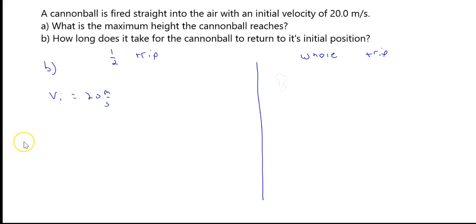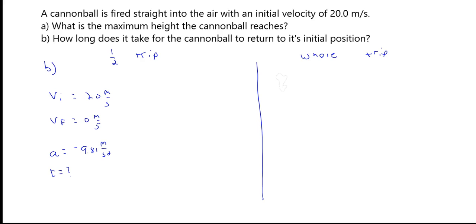Alright, so our initial velocity again is 20 meters per second. Our final velocity is 0 meters per second because we're just taking how long it takes to get to the top. Our acceleration is negative 9.81 meters per second squared. And our time is currently unknown.